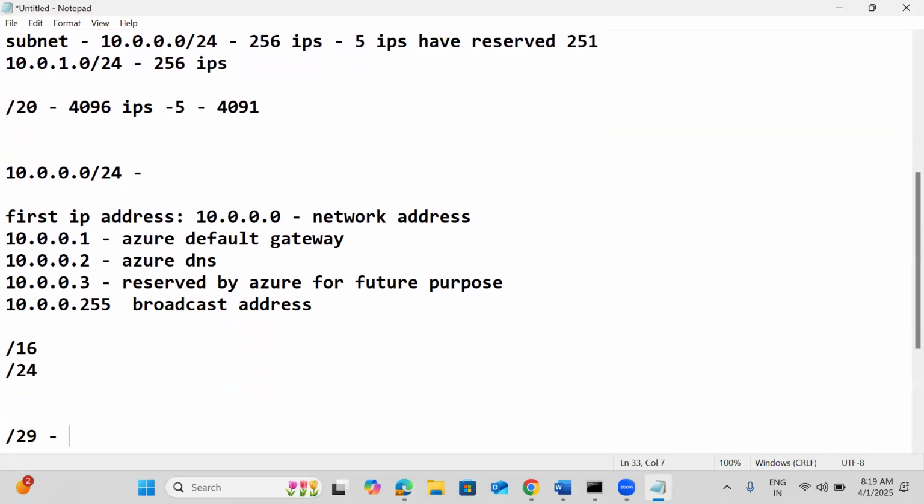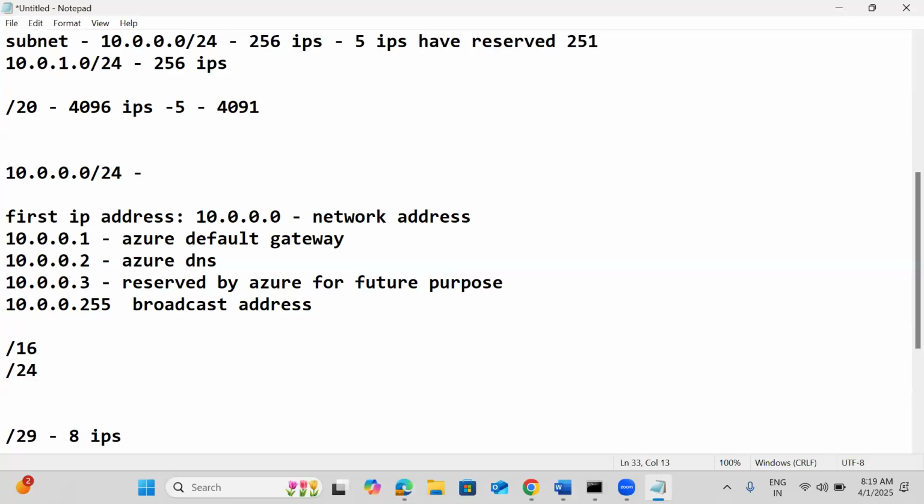If I use /29, how many IPs do we get? 2 to the power of 32 minus 29, that is 2 cubed, meaning only 8 IPs.